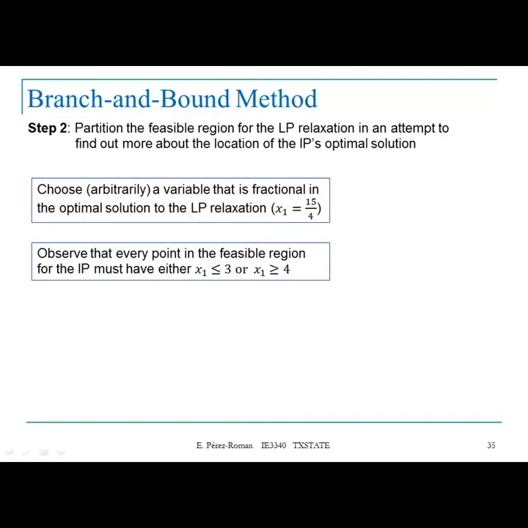Observe that every point in the feasible region for the IP must be either x1 less than or equal to 3 or x1 greater or equal to 4, because we are looking for an integer solution. So if x1 is 3 point something, then the integer solution will be to the left or to the right of that fractional value.